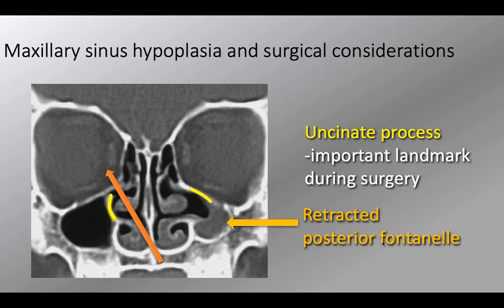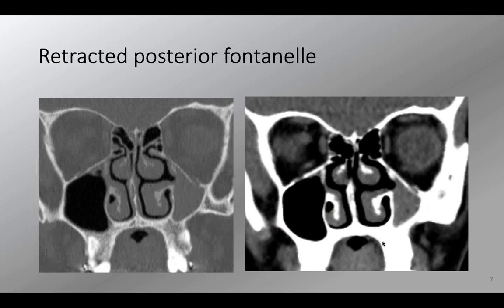It is usually normal. You can also use soft tissue algorithm as in this case, and then you see that there is actually no high attenuation of the content. It means it's mucosal lining and just mucus. So just look for the uncinate process below the orbit.